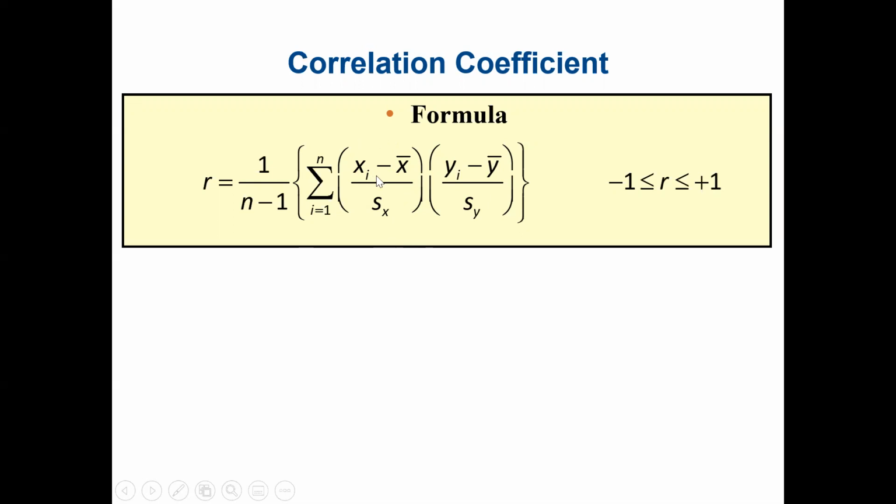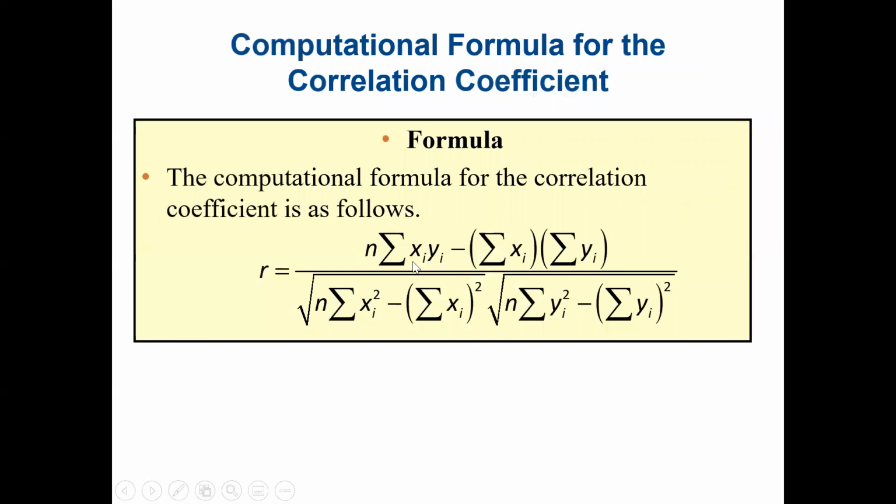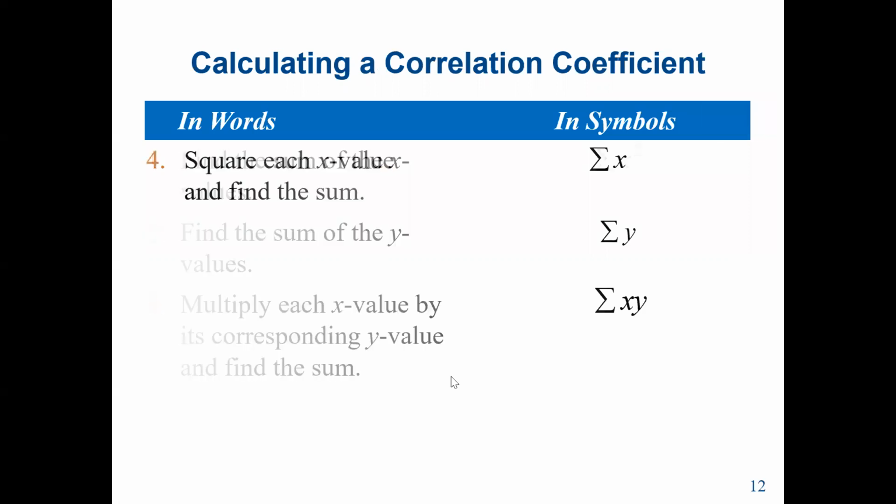Then from there, we find the z-score for each observation, we sum all together, then we divide by the sample size minus 1. But in this case also, we can find the sum of x and y for each observation, the sum of the x y products, separately. And then here we plug in all the values.